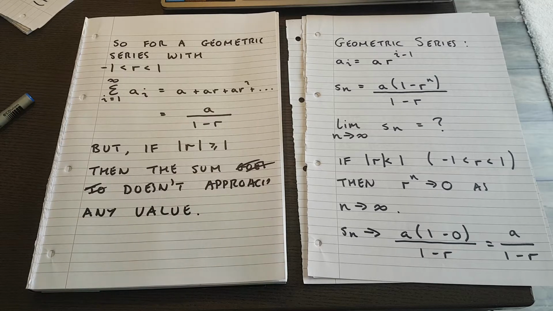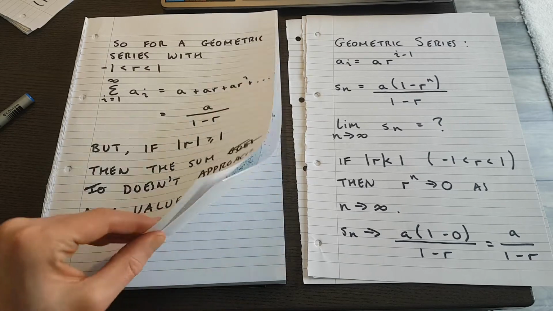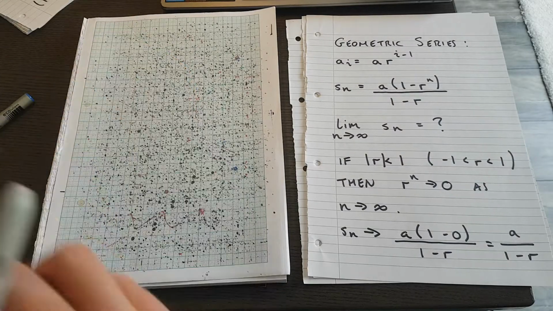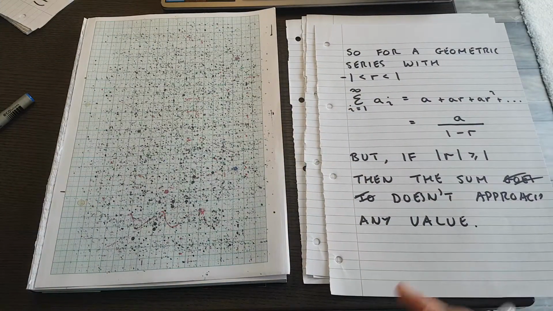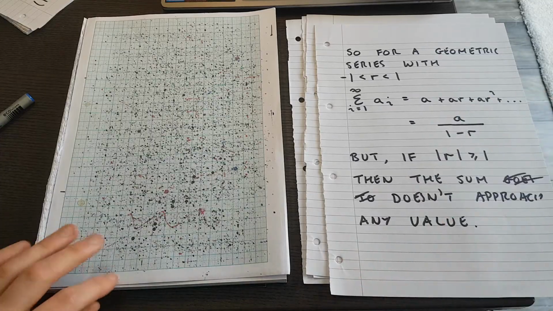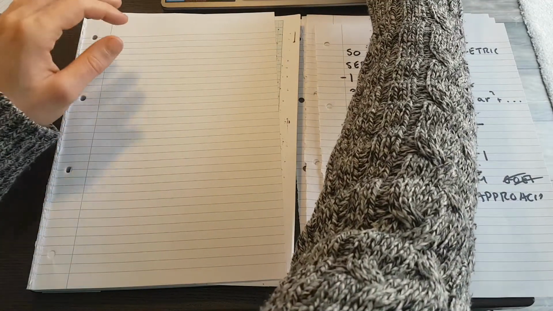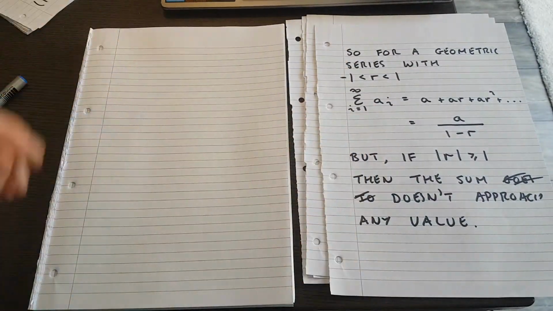It could go to infinity, it could go alternating, switching between two values, that's entirely possible. Or it could simply go off to infinity. We've no way of knowing, but it certainly doesn't approach a numerical value. So if we have r with magnitude greater than 1, then we cannot approach a meaningful value.